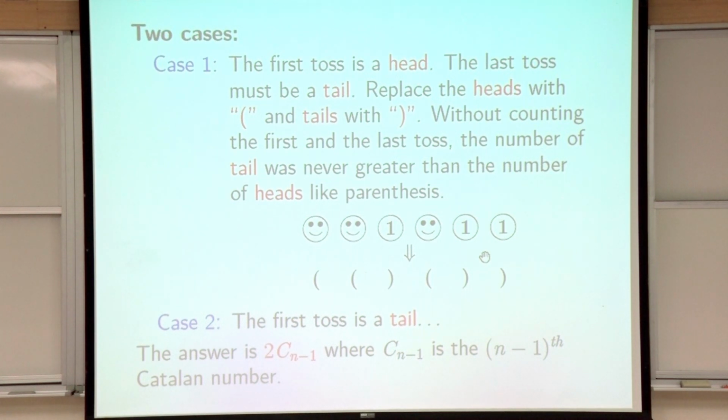So first, assume the first toss we get a head. And because at the 2nth toss the number of heads and tails are equal for the first time, the next toss must be a tail.